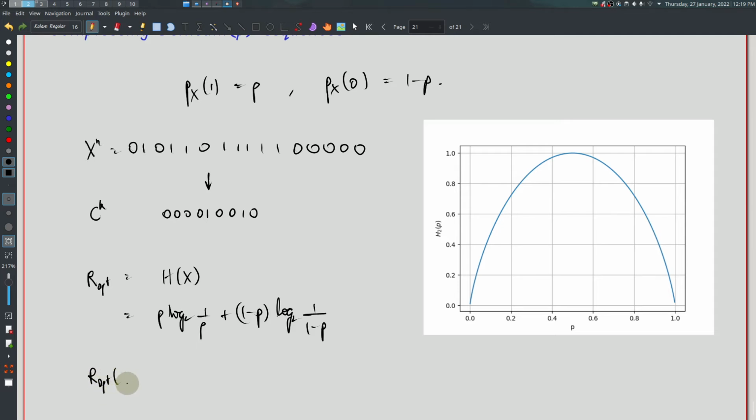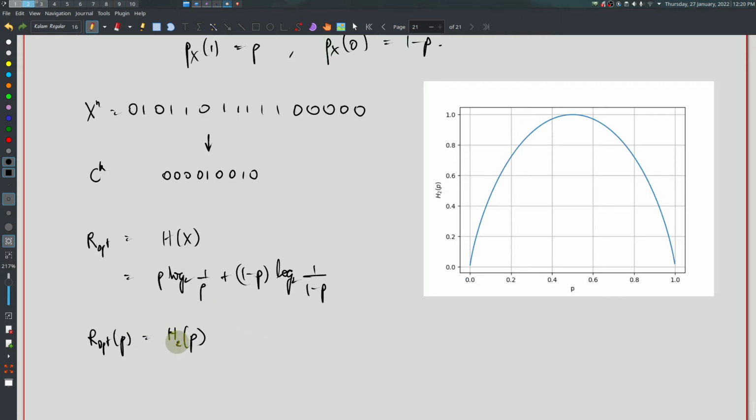If I look at the optimum rate as a function of P, this is equal to this particular quantity, which I'll denote in the following form, H2 of P. I'm introducing this subscript 2 to indicate that this is for a binary source, and it is completely parameterized by this quantity P. And this is what is sometimes called the binary entropy of P.